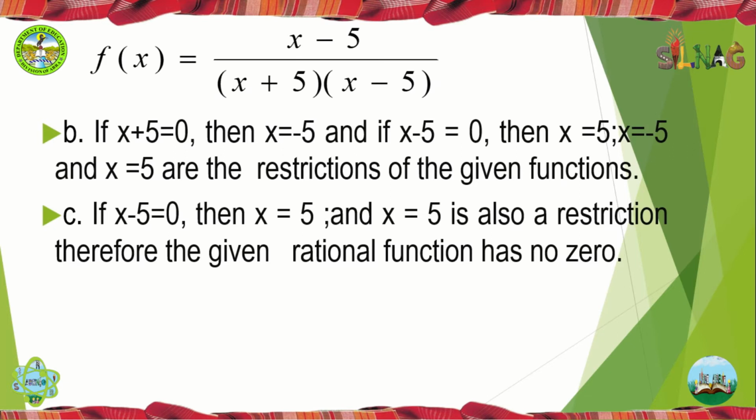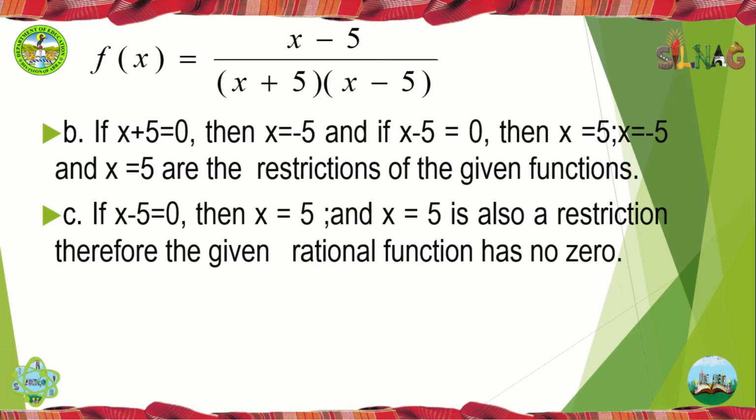Then, for the second step, we have to determine the restrictions. So we use the factors of the denominator. If x plus 5 is equal to 0, then x is equal to negative 5. And if x minus 5 is equal to 0, then x is equal to 5. X is equal to negative 5 and x is equal to 5 are the restrictions of the given function.